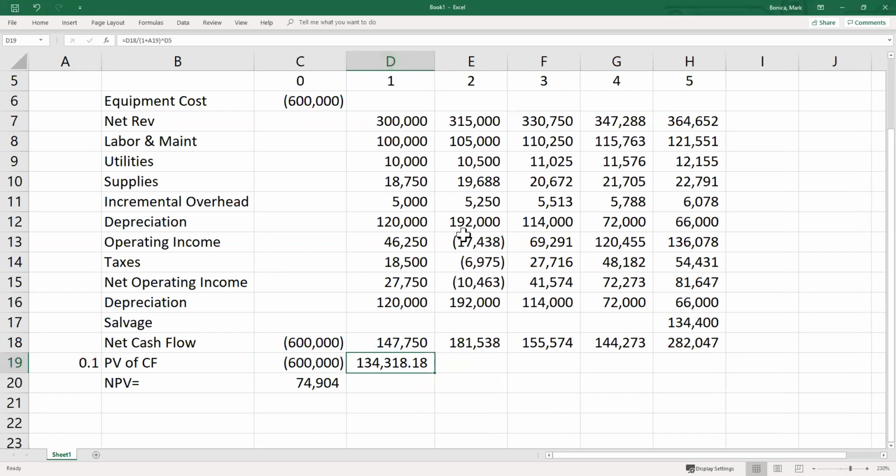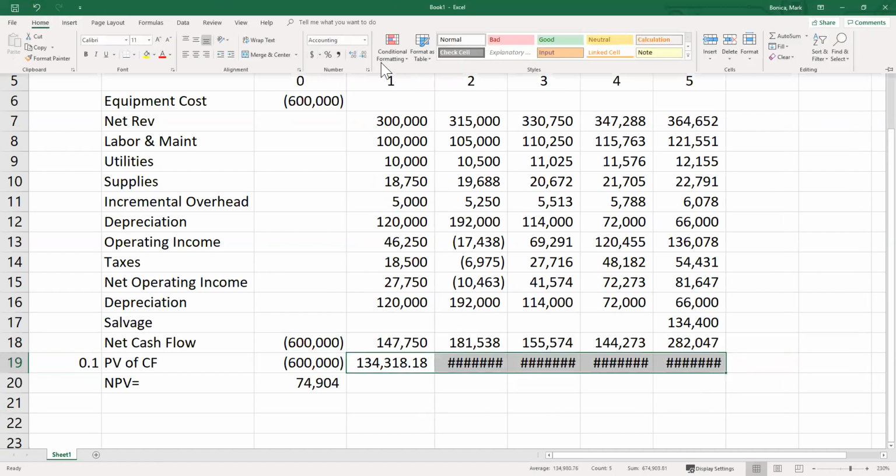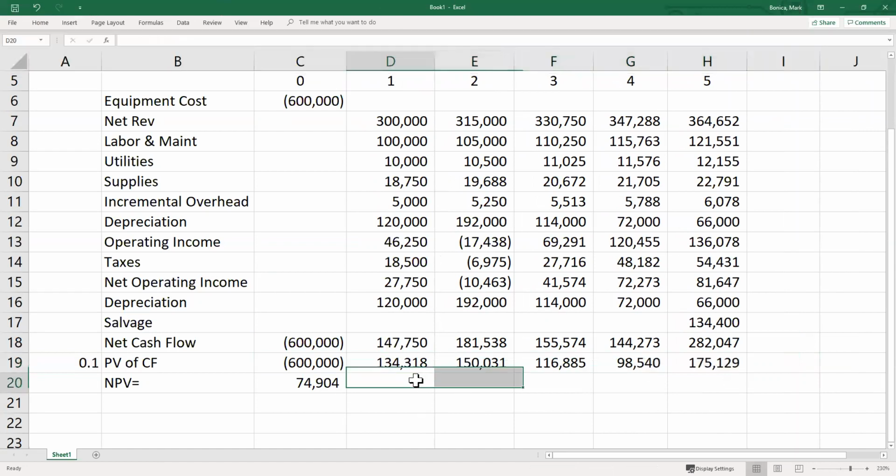And so we got 134,318. And let me just lock that reference to my discount rate, and then I could just copy that formula over to the right. And let's convert these all to not having any decimals. Then I can get my NPV by simply summing that row. And you can see I get the same result, right? So one way I used the NPV formula. This I do a little more manually, calculating the actual entries.